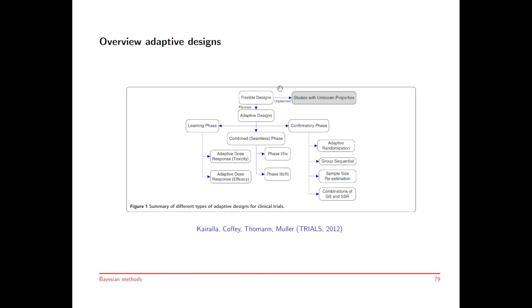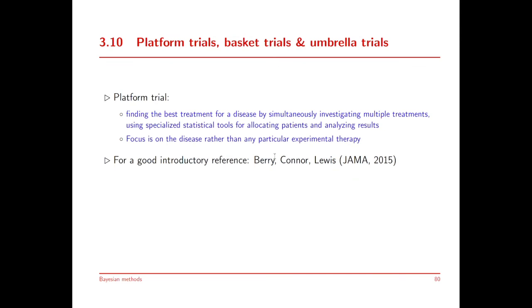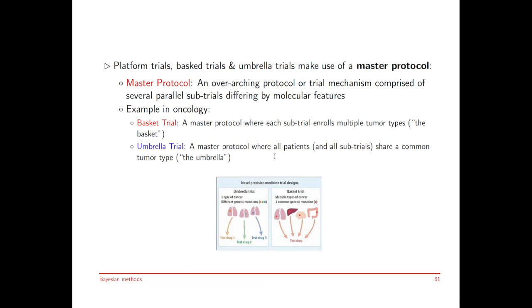Here you see quickly what this can involve. It can involve adapting doses, removing arms, and so on. Here is more information, what is a platform trial, and here what you can see is what is a basket trial, an umbrella trial. All of these new developments are major application areas of the Bayesian approach.